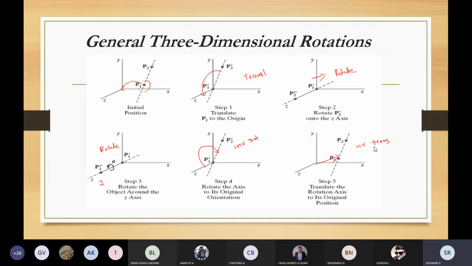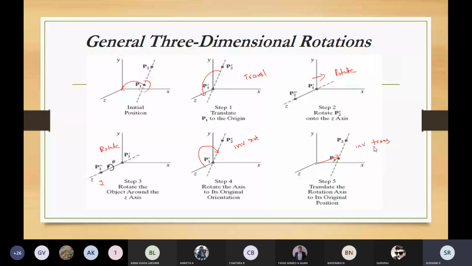These are the steps involved whenever you are dealing with objects that are to be rotated about an axis that is not parallel with any of the coordinate axes. First, translate the object so that the rotation axis passes through the coordinate origin. The second step is to rotate the object about the axis of rotation so that it coincides with a coordinate axis. The third step is to perform the rotation about the selected coordinate axis, x-axis, y-axis, or z-axis, based on the axis with which it is aligned.